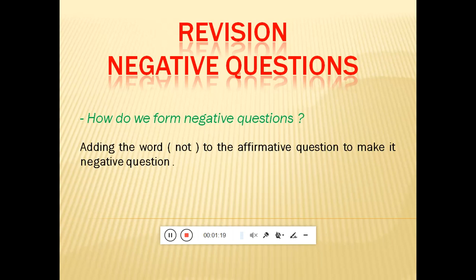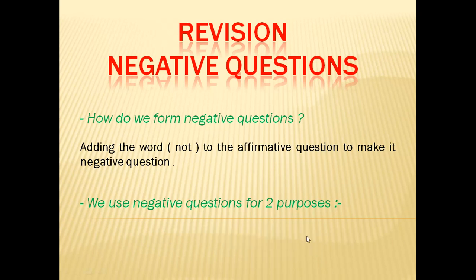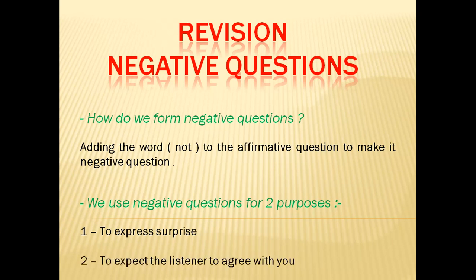And the second point was, why do we use negative questions? And we said that we use negative questions for two purposes. Number one, to express surprise, very good. And number two is to expect the listener to agree with us. Yes, very good. This is the negative question.